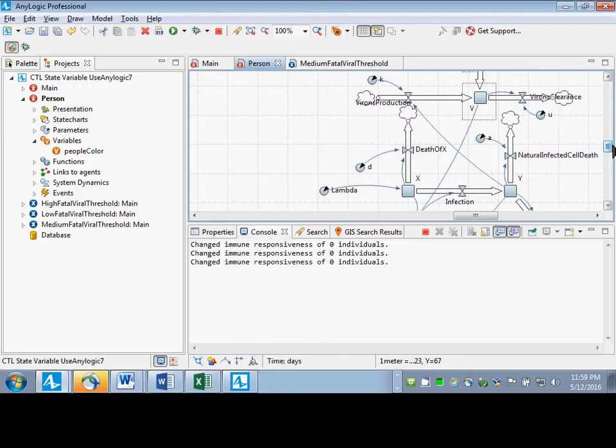Most agent-based modelers, I would guess 98% of agent-based modelers, are unaware of the availability of these sort of things. And one of AnyLogic's great strengths is the ability to place these things in there very easily. You can go from a published paper into this sort of stock and flow characterization, often very neatly, very nicely. And it's a very elegant way to characterize regulatory processes.